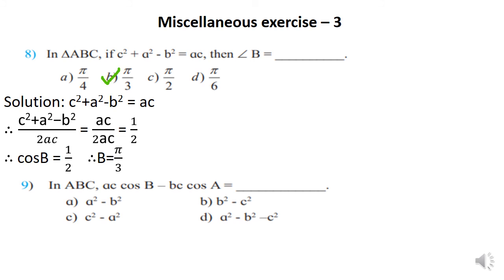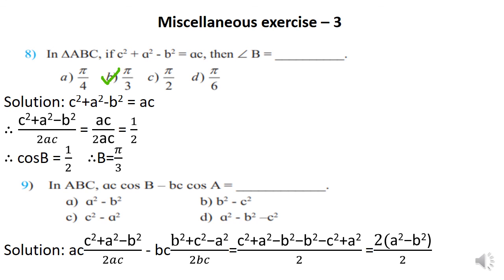The 9th one, in triangle ABC, a cos B minus b cos A. We have to find the value of this now. a cos B minus b cos A. By the cosine rule, we get a into (c square plus a square minus b square) upon 2ac, minus b into (b square plus c square minus a square) upon 2bc.